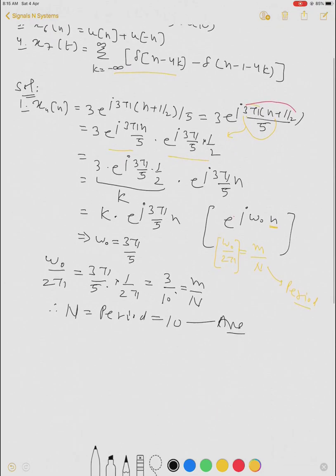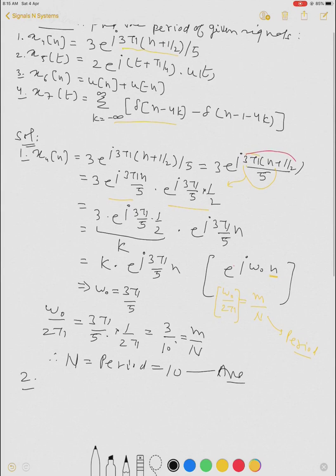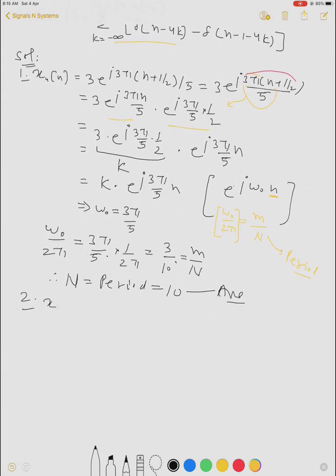Second question. X2 of t is equal to 2 e raised to power j (t plus pi by 4) multiplied by u of t, or let's say by default they are multiplied.